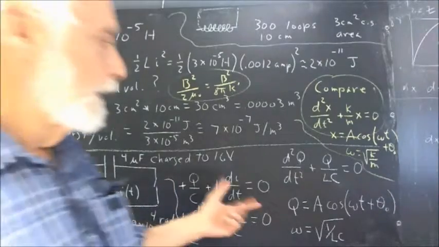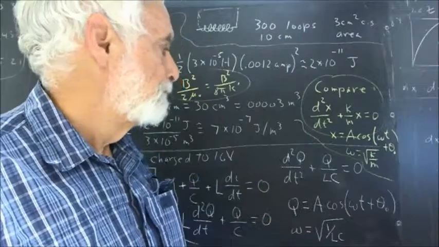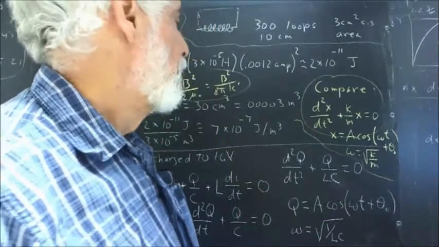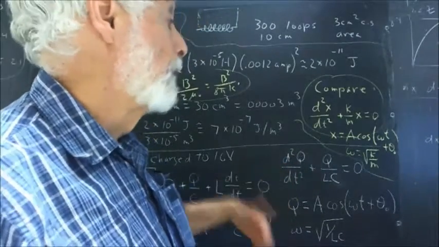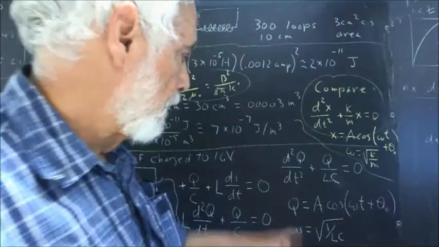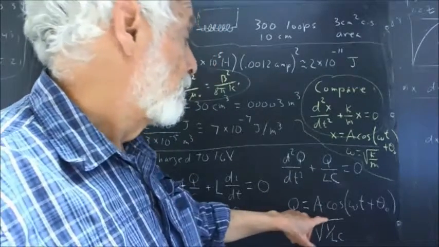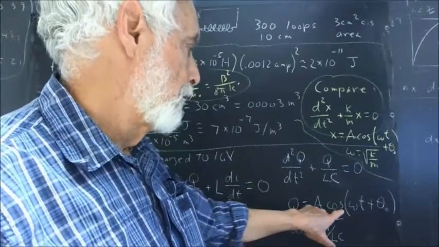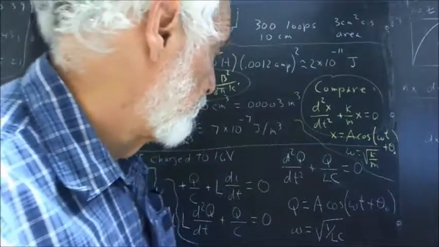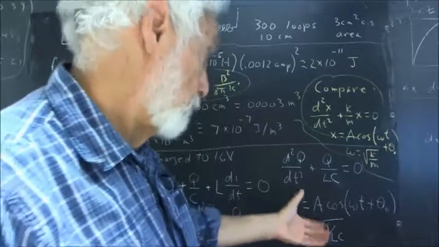In this case, we get an imaginary solution, 1 over the square root of LC times i for the r, which is going to be the solution to the characteristic equation. That's going to give us the charge function, which will be an arbitrary constant times the cosine of omega t plus another arbitrary constant, where omega is 1 over the square root of LC, or the square root of 1 over LC.